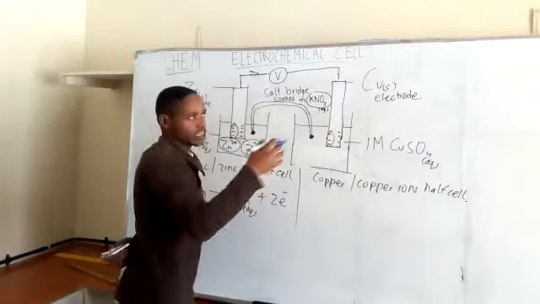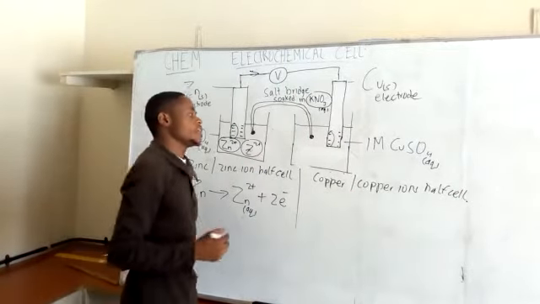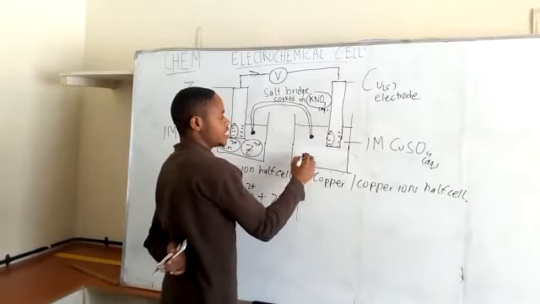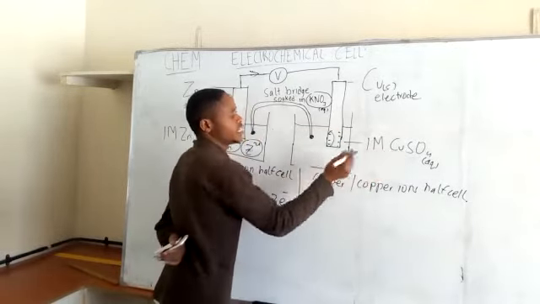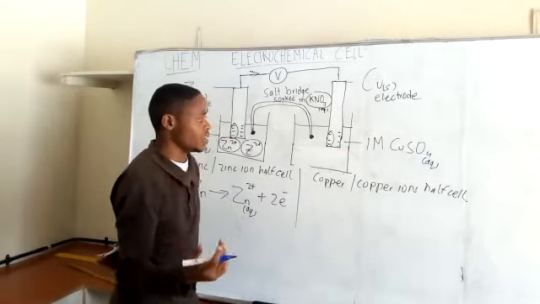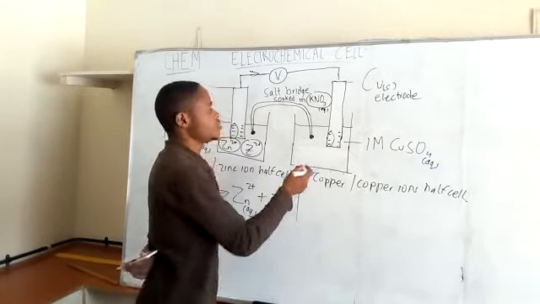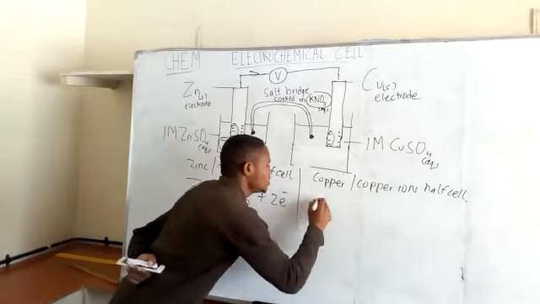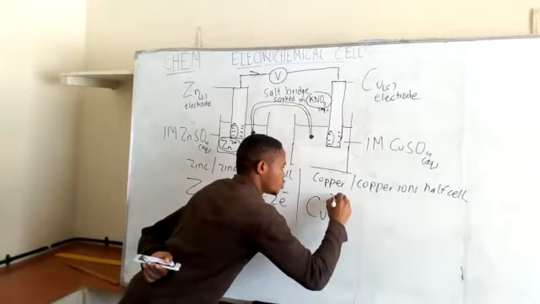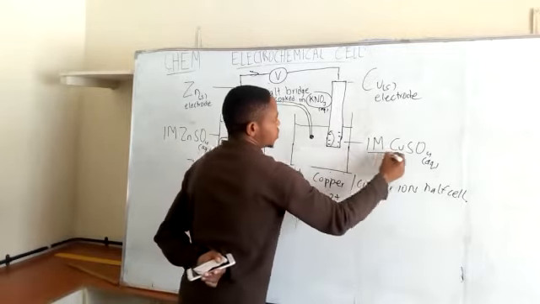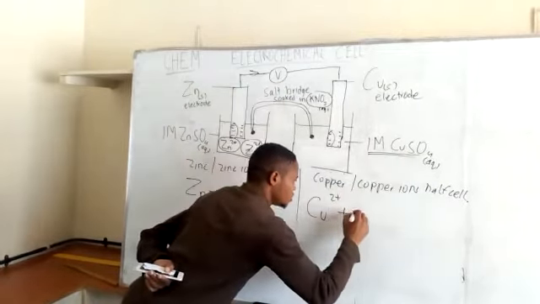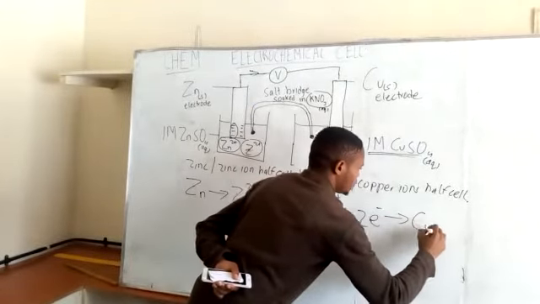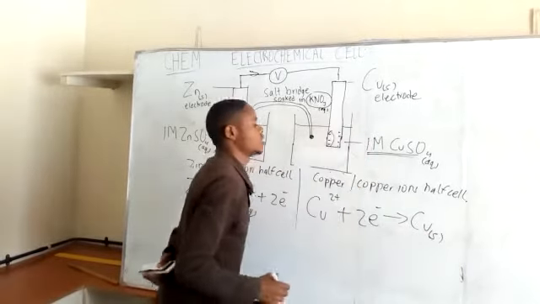Because the electrons are flowing towards the copper electrode, as these electrons accumulate, remember in our copper sulfate we have the copper ions. Those copper ions will be attracted by the negative charges of the electrons, and so this reaction takes place. Copper ions from our solution gain the 2 electrons, and then we have copper solid.